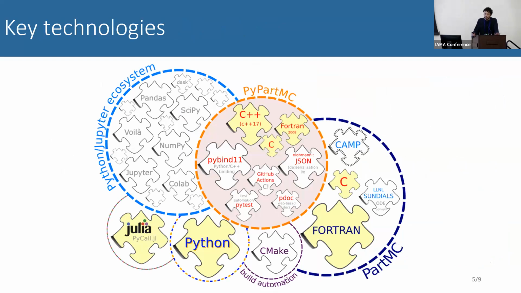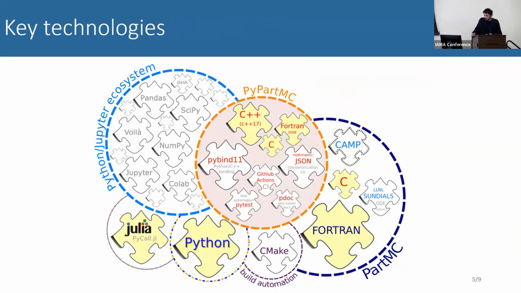So PyPartMC itself is written in C++, Fortran, and C. And then we use PyBind11 to build the Python API from PyPartMC's C++ bindings. Continuous integration is handled through GitHub Actions. We use PyTest for test automation.